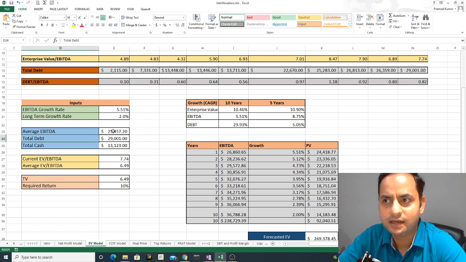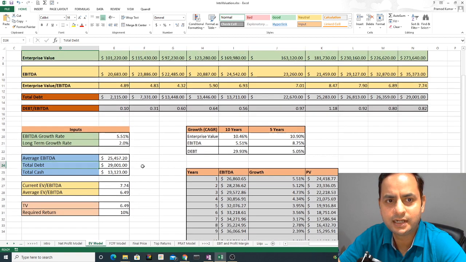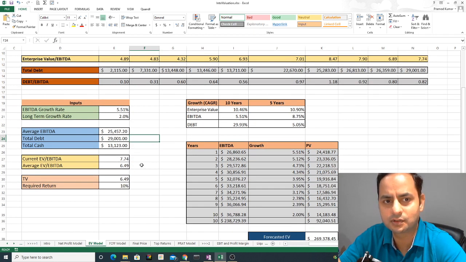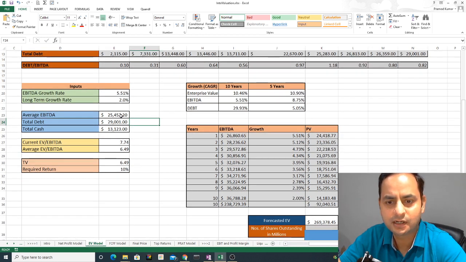Here I have taken the average EBITDA of 25,457,000, and for total debt, although my average total debt would be lower if I did the math, just to be more conservative I take the latest debt and the latest cash, shown here, rather than taking the lower number in terms of debt. So this number I will use in my forecasting EV.